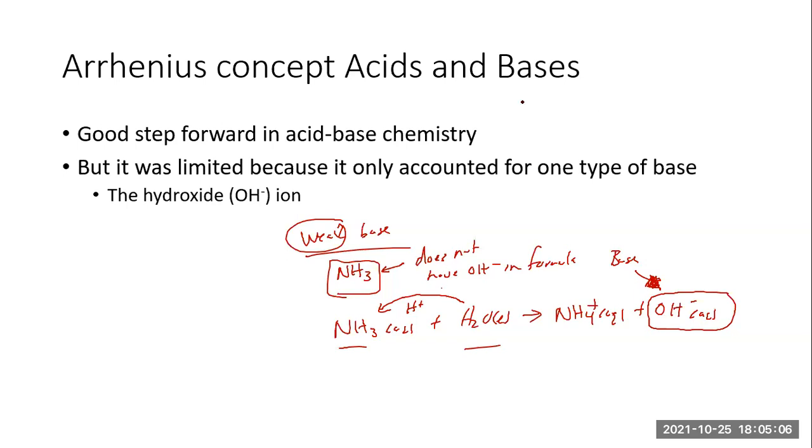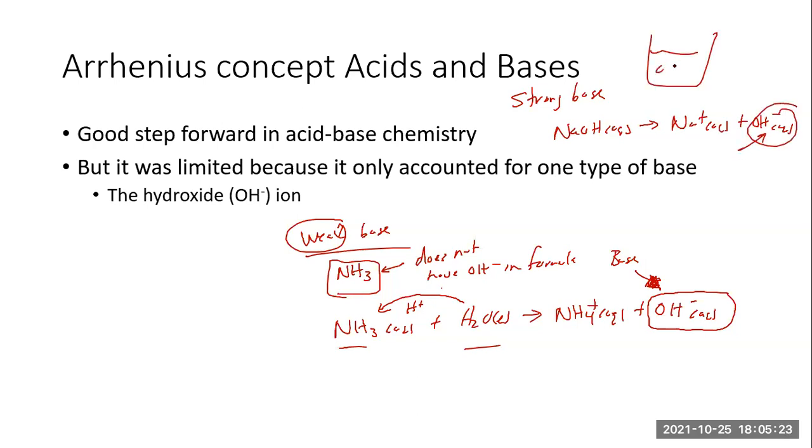That's different than a strong base like sodium hydroxide, which pretty much just has to go for a swim, and it's carrying its own hydroxide on board. So when it goes for a swim, boom, we automatically produce a lot of OH minus really quickly. That's why it's a strong base compared to something like ammonia, which has to find the water and do a little reaction to produce some hydroxide.